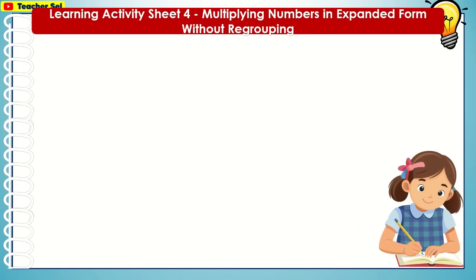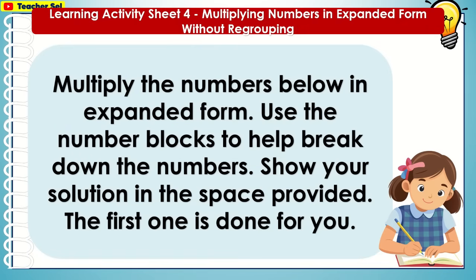Let's have learning activity sheet 4, multiplying numbers in expanded form without regrouping. Multiply the numbers below in expanded form. Use the number blocks to help break down the numbers. Show your solution in the space provided. The first one is done for you.